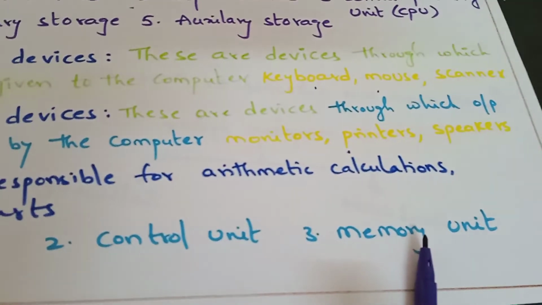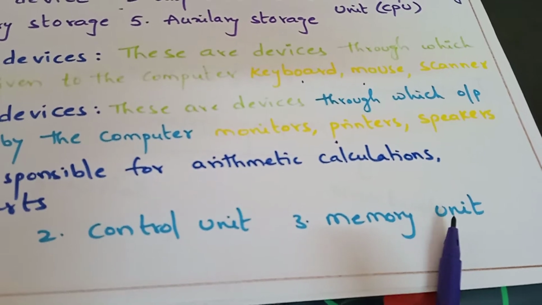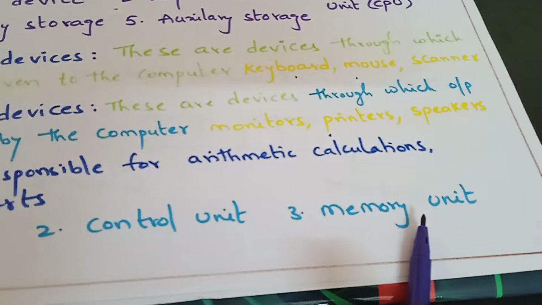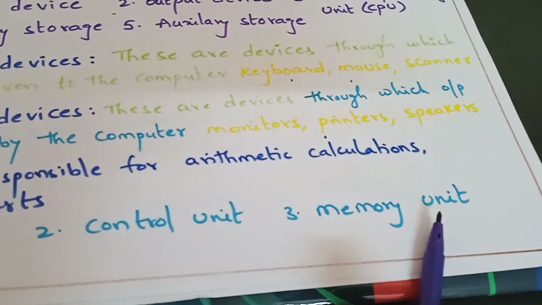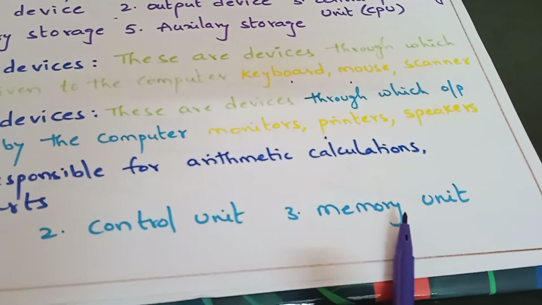Now, the memory unit. What is the memory unit? The name itself tells that it is responsible for storing the data. The data may be stored for a long time, that is permanently, or it can be stored temporarily.